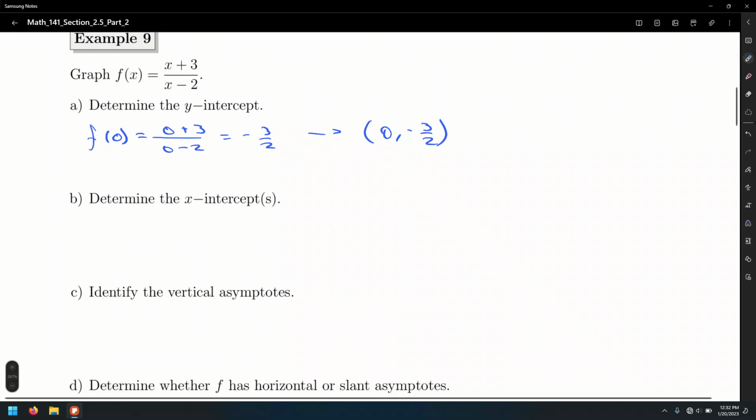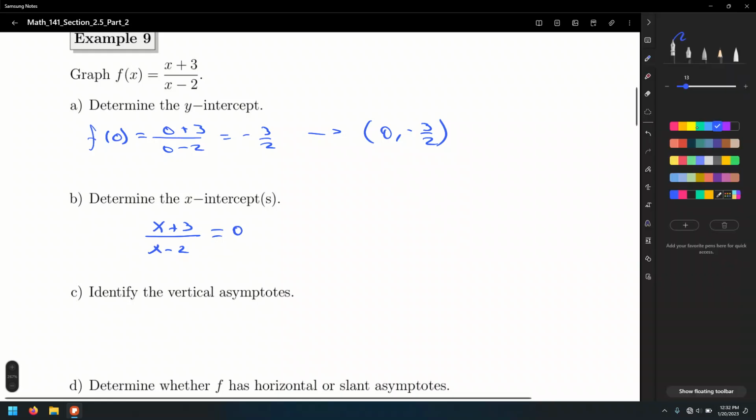For the x-intercept, what do we do? Set the function x plus 3 over x minus 2 equal to 0 and solve for the variable x. So we have a rational equation. Let's multiply both sides by the denominator to clear the denominators and simplify the equation.